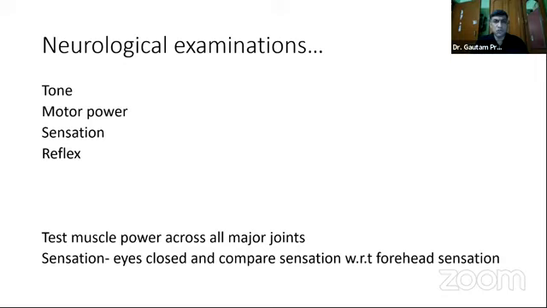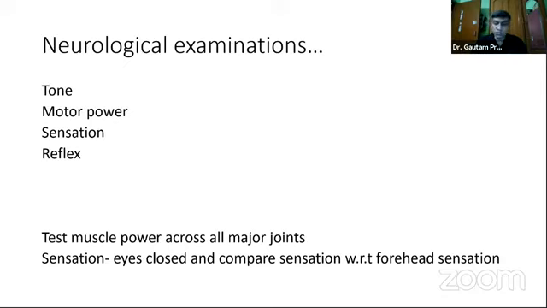After this, one should do the neurological examination, the local examination, basically motor and sensory. In motor, we have to check the tone of the muscles and strength across all the joints. For sensory level, one has to compare the sensation with the forehead sensation and compare both sides, and then do reflexes.